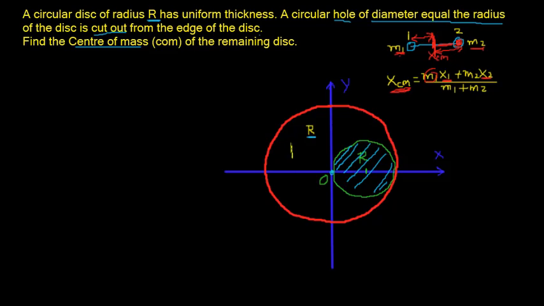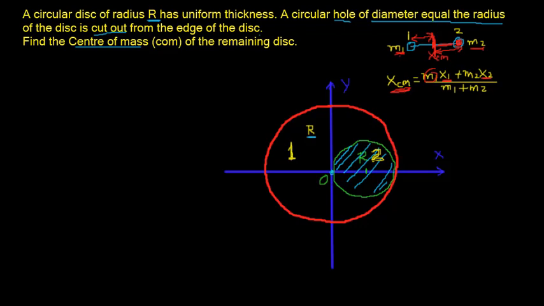Body 1 is this bigger disk with a hole and second body is this smaller disk. So body 1, the disk without this smaller disk or with a hole, and second body with this smaller disk.